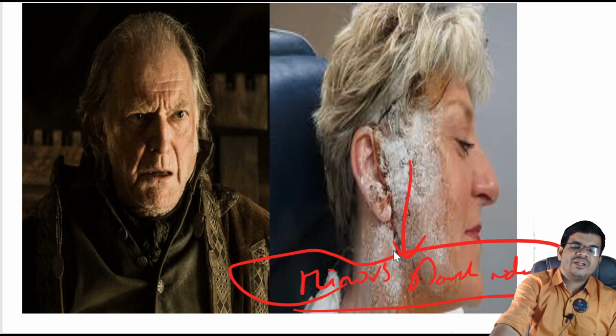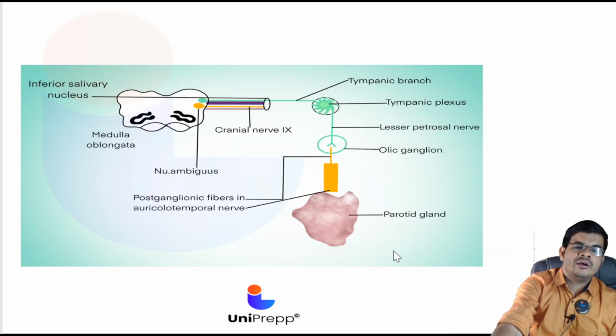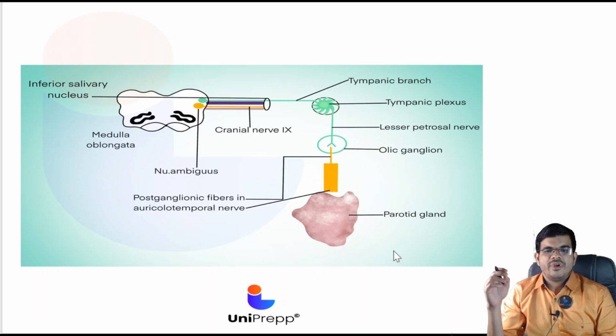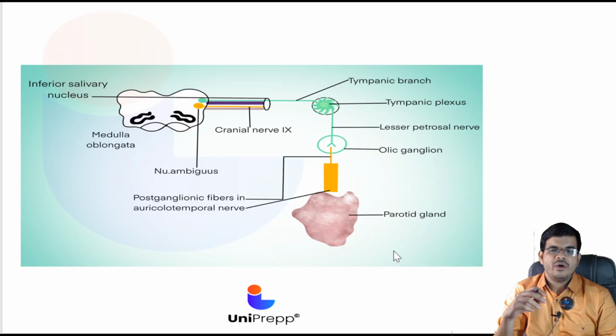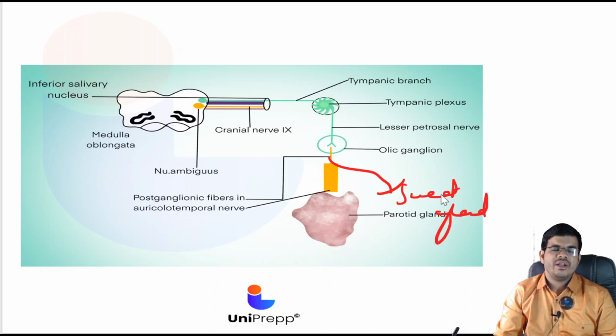What is happening here when the facial nerve is recovering is that the postganglionic fibers which normally go to the auriculotemporal nerve to supply the parotid gland are instead going on to supply the sweat gland. And where is the sweat gland seen?